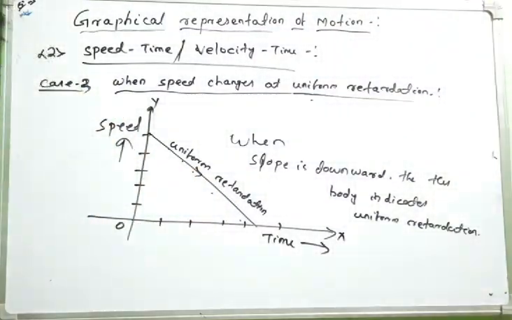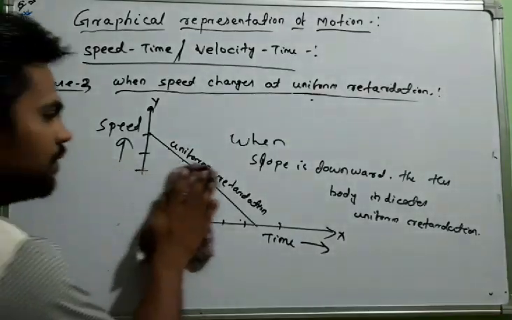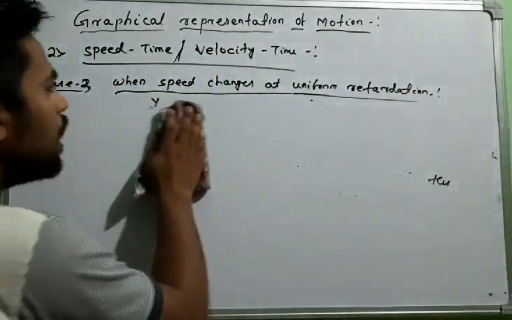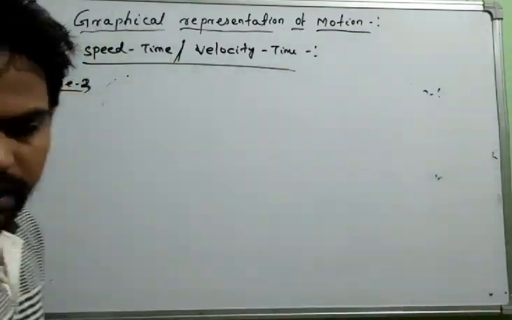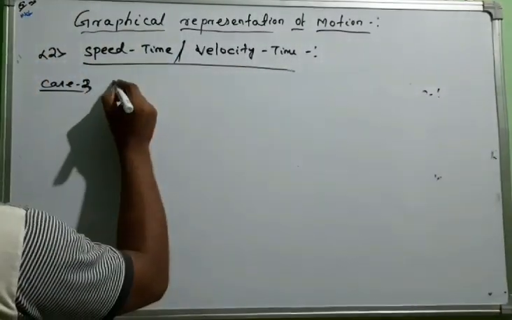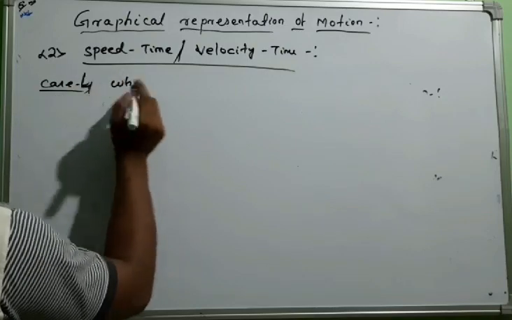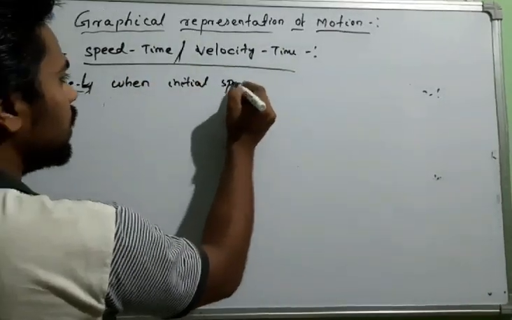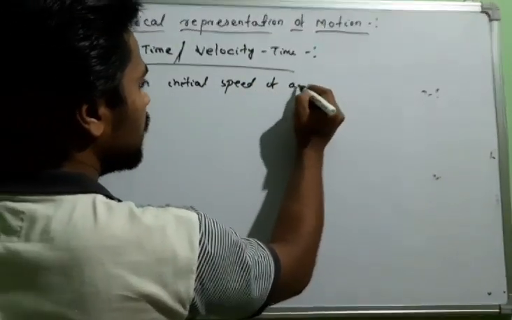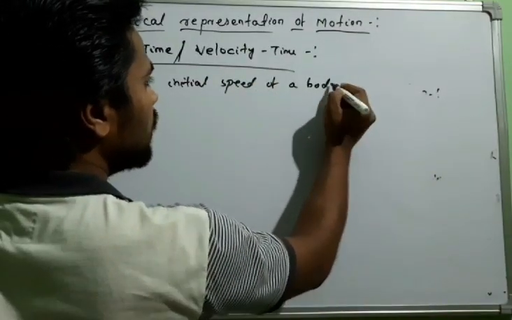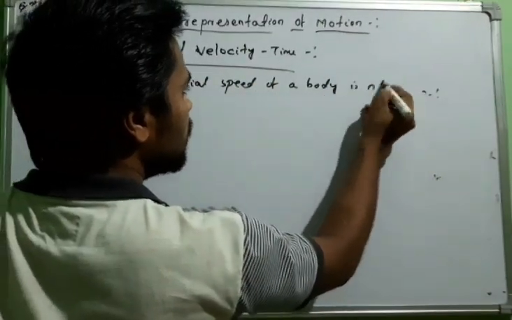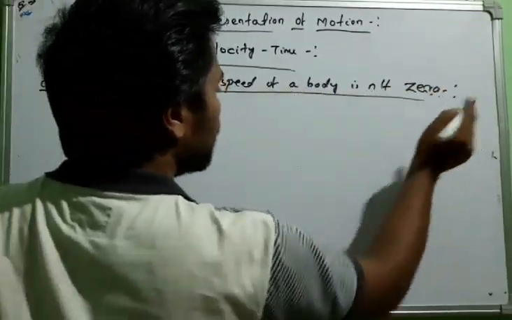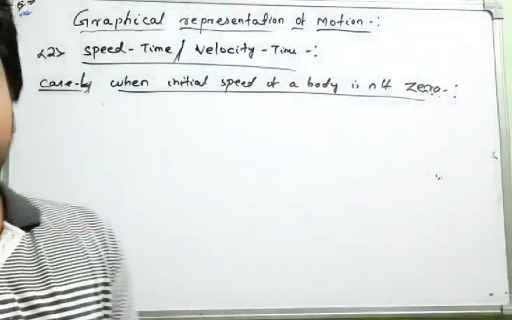Next case number 4. Write down, when the initial speed of a body is not 0, then what will be the speed versus time graph?